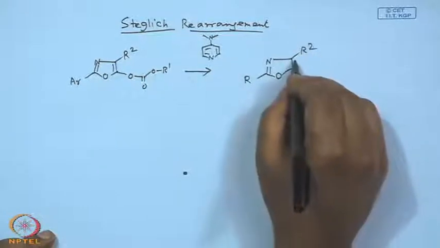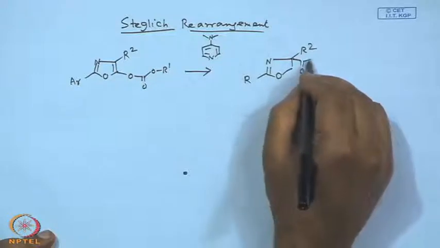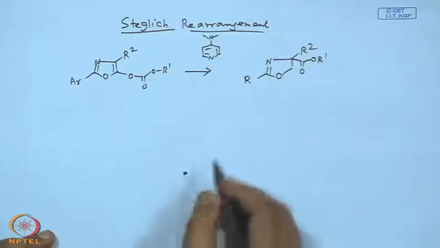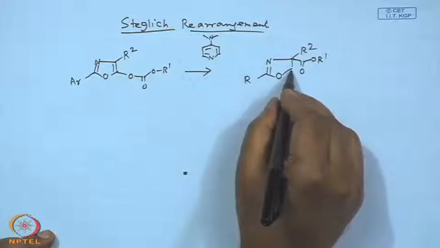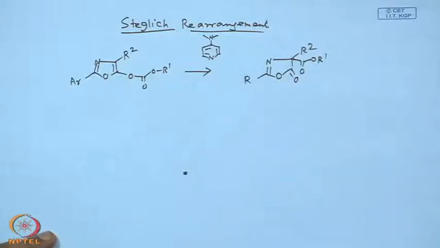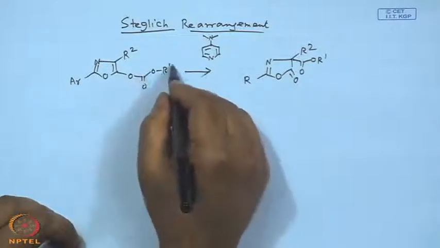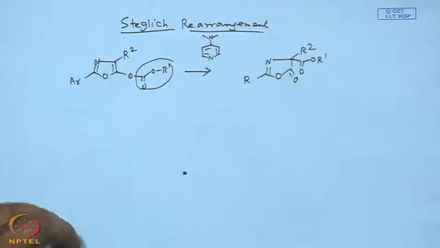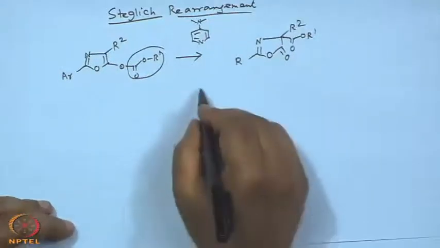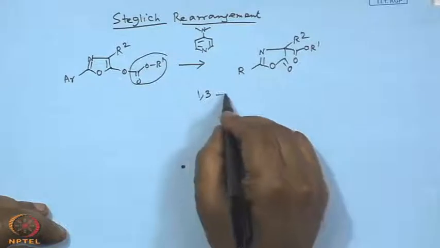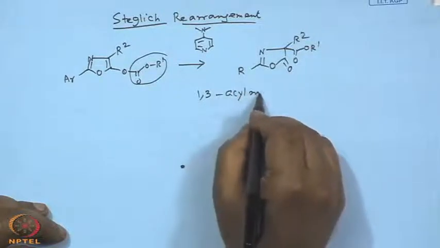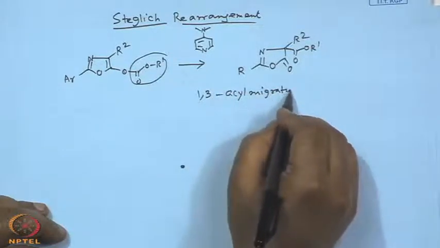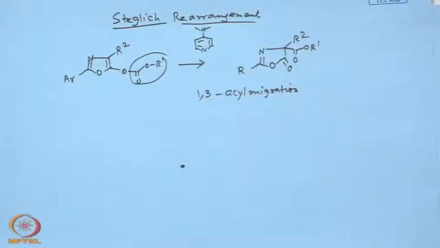This is now OR minus, and now this one is a carbonyl, this one is a carbonyl. That means basically this acyl group migrates to the 1, 2, 3 position, a 1,3 migration. Mechanistically, a 1,3 acyl migration.